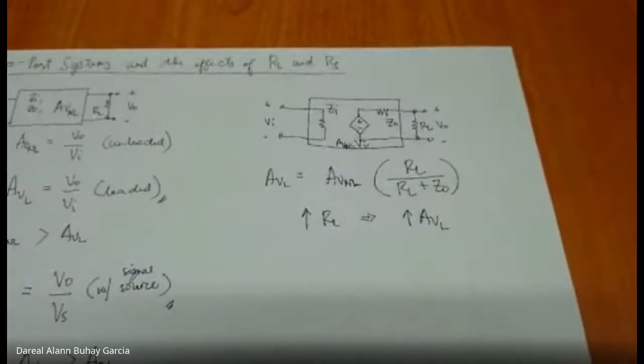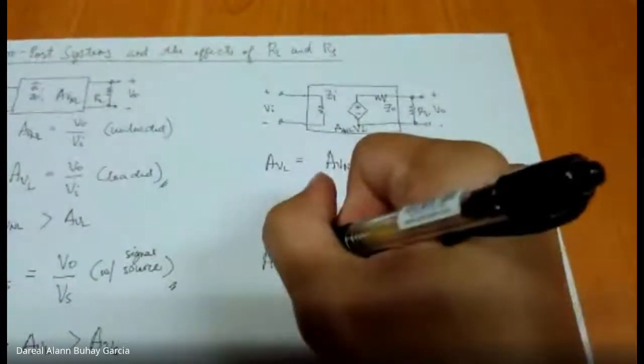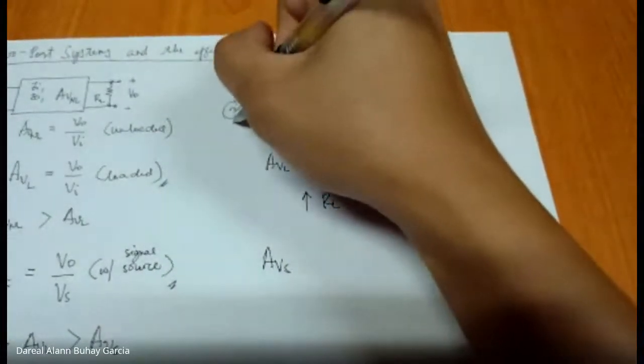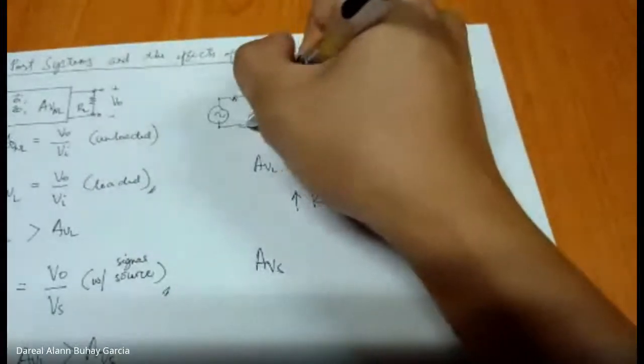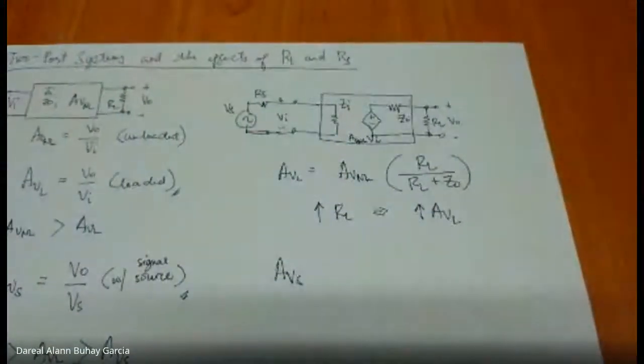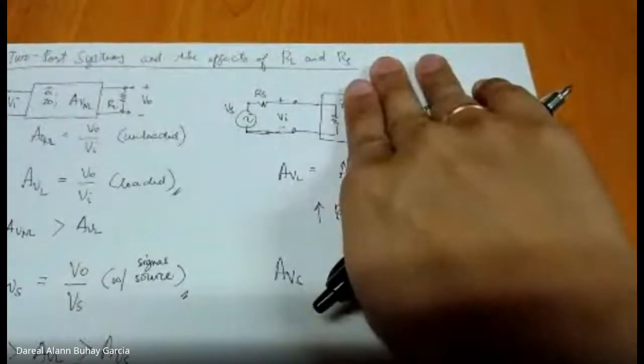Next is the effect of RS. This time, AVS. Meaning, our source is now connected here, with RS. It's a simple voltage divider again, right?